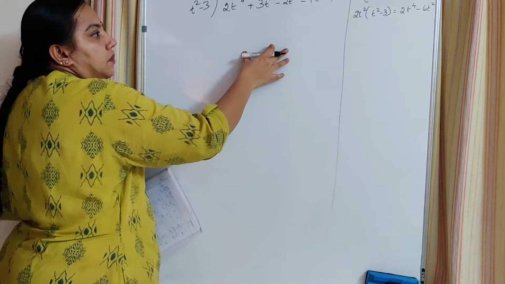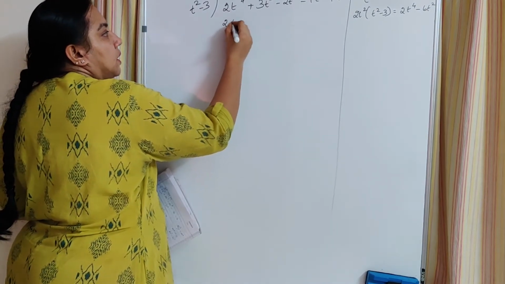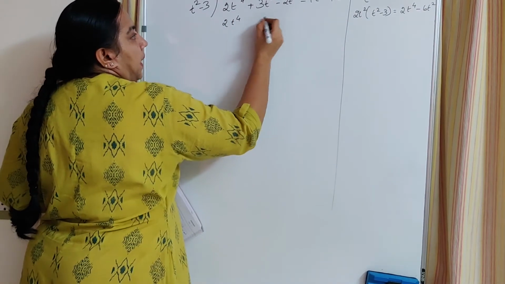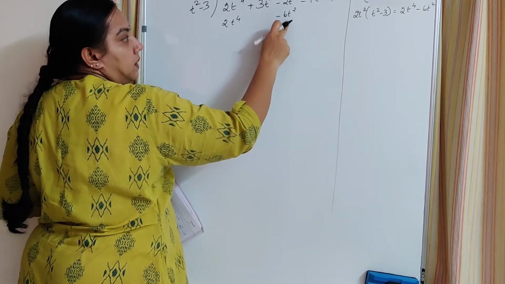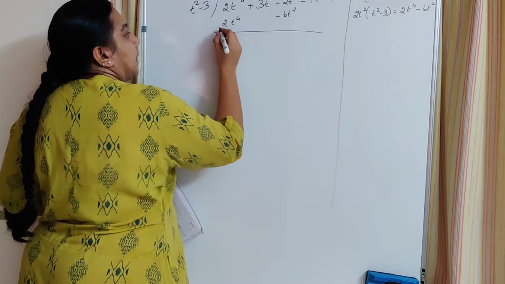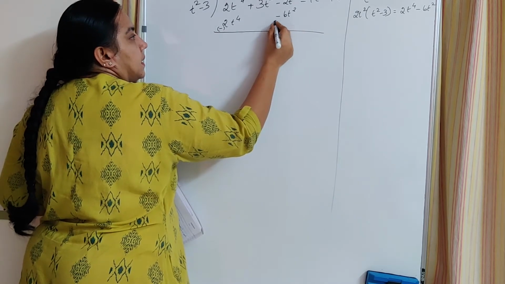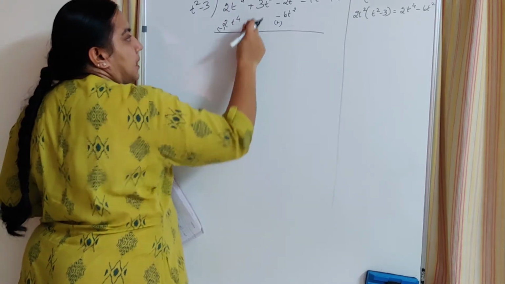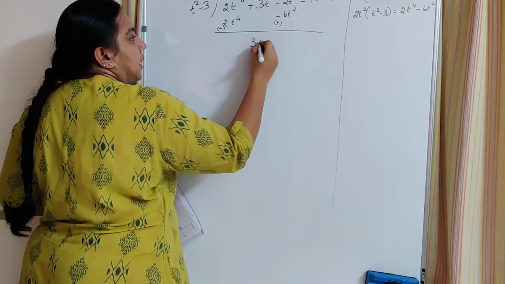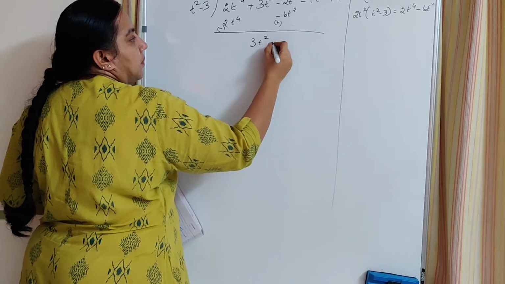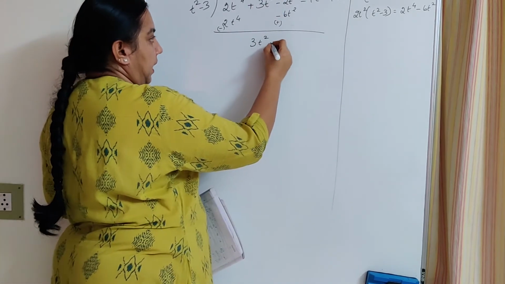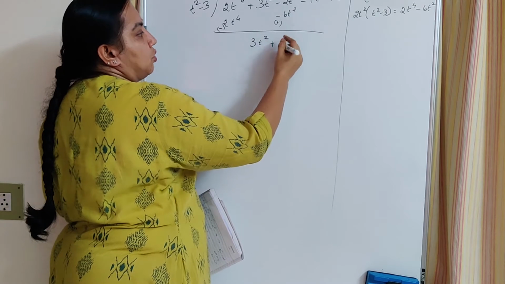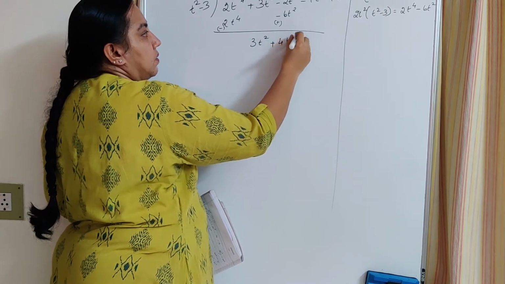I will write it along with the place value, so 2t power 4 minus 6t square, below the t square term. Again, change the symbol as it is subtraction. This term gets cancelled. Bring this term down, 3t cube. This term plus, the positive number is the bigger number, so I am writing plus 6 minus 2. So I get 4t square.